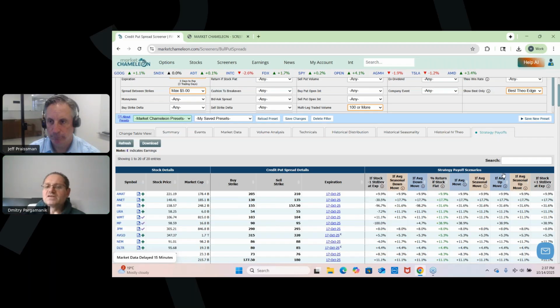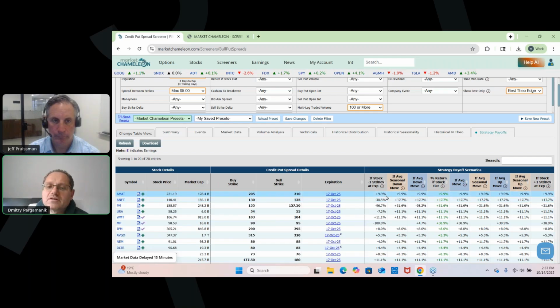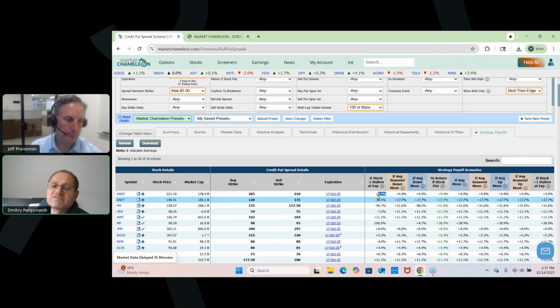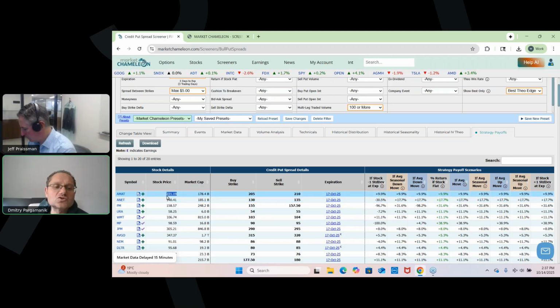So here, if the stock is down 1 standard deviation, this spread will return a positive 9.9%. It's above 221.19. The strikes are 205, 210. So even in a 1 standard deviation move, this will be fine.